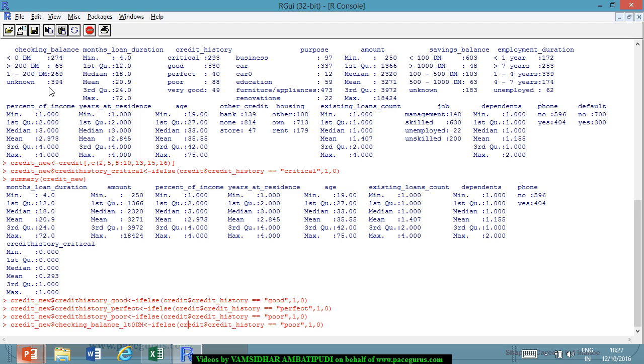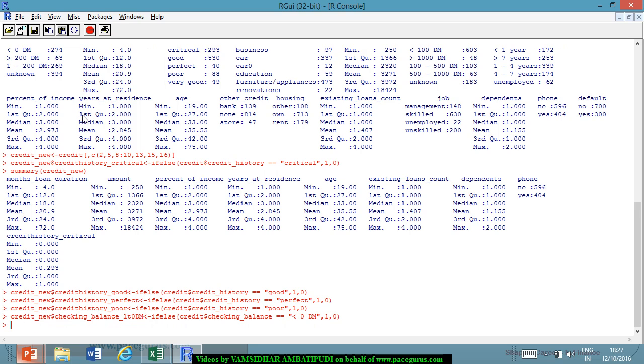And I will be setting this particular variable, instead of credit history, I will be checking for checking balance value. Instead of poor, I'll set it as less than 0 DM. So this would be your output.